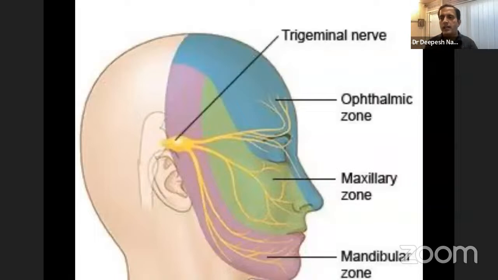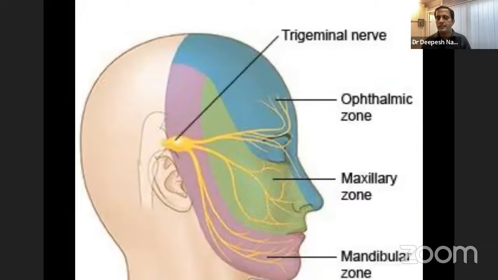The second pain is trigeminal neuralgia. We have to understand trigeminal neuralgia by this picture. I'm showing you the picture. This is of trigeminal neuralgia. It is the trigeminal nerve, which is supplied by a main trunk and supplies in three zones. First is the trigeminal ophthalmic zone.